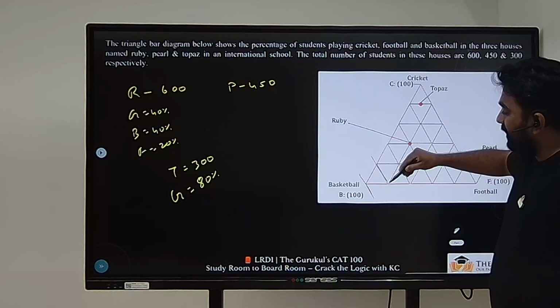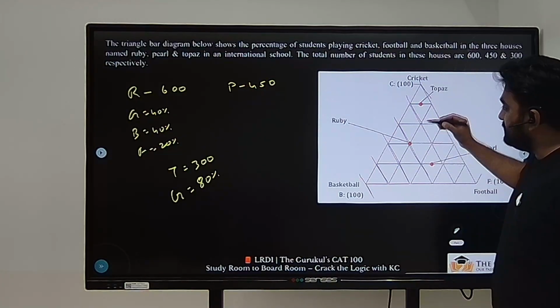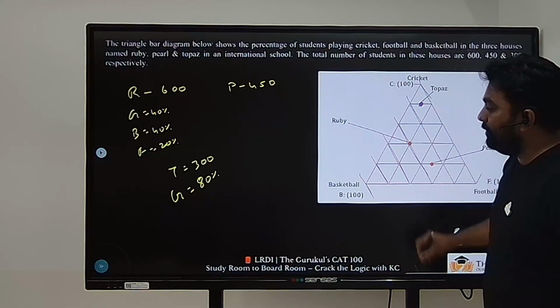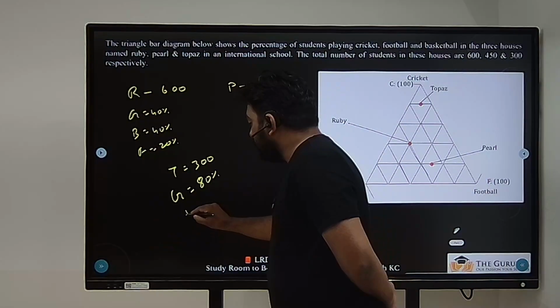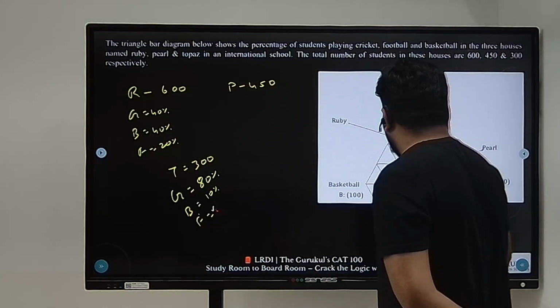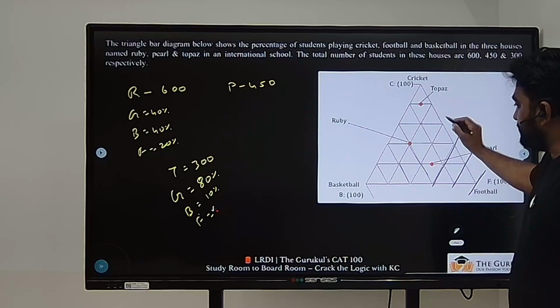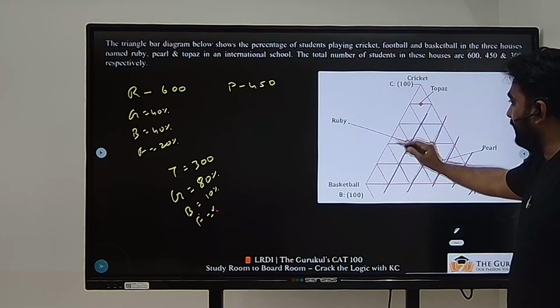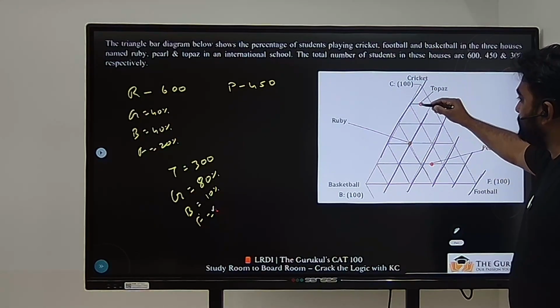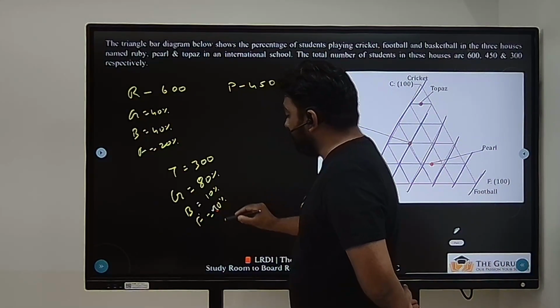This is 100, 80, 60, 40, 20 and 0. It is between 20 and 0. So we will take it as 10%. Basketball equal to 10%. Now let's see about football. This is between 20 and 0. So we are again having 10%.